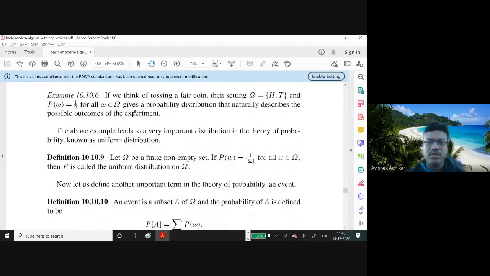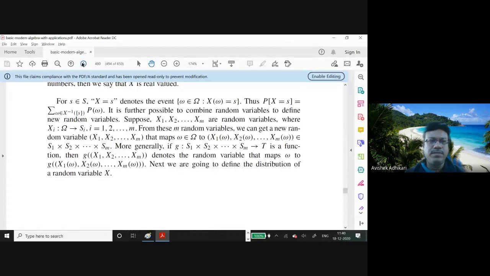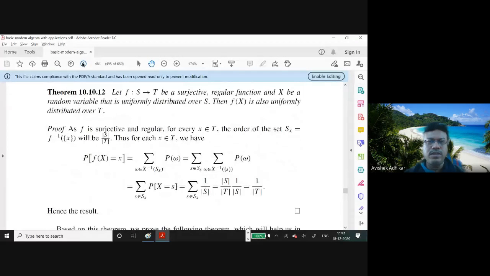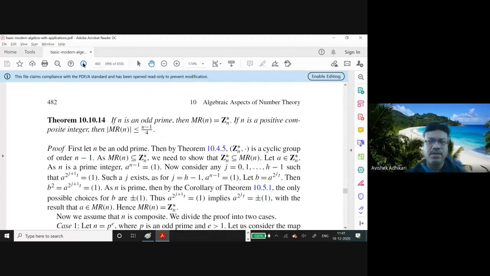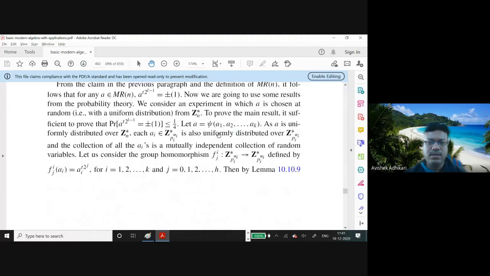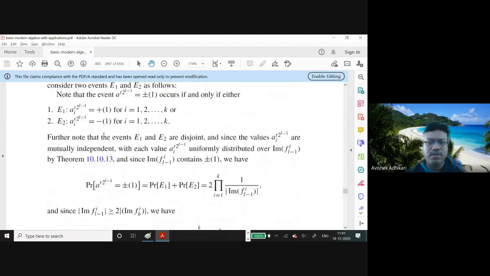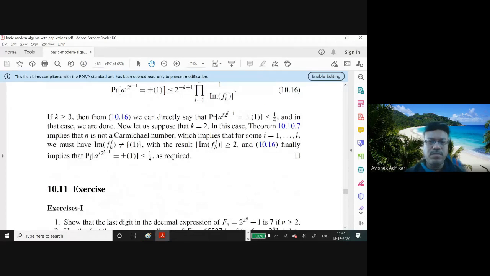So the proof is somewhere, might be here. Let's see. Yeah. So you can see that a lot of probability and statistics are involved here. And this is the error probability actually.